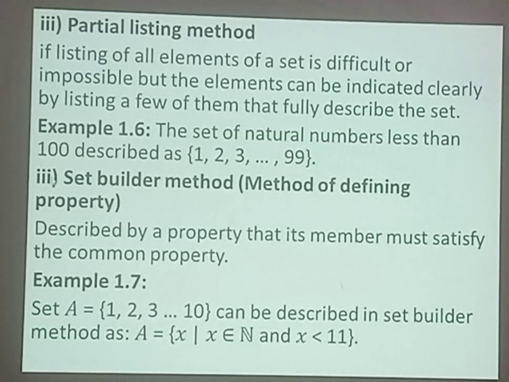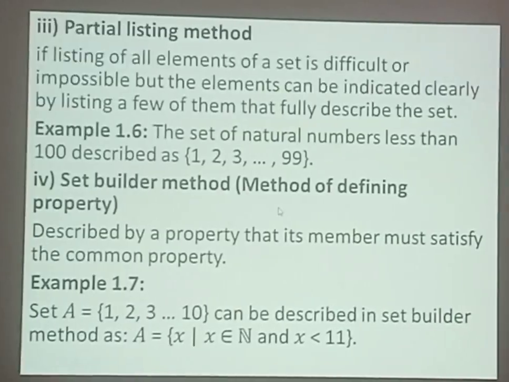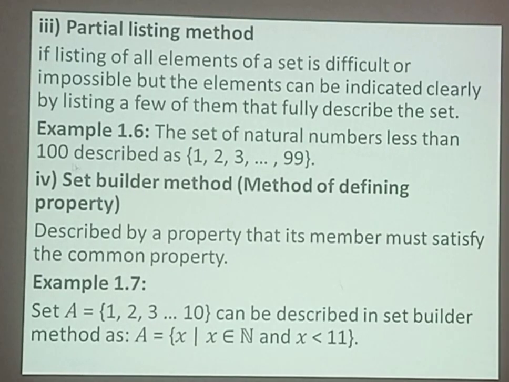Okay, the fourth is the set builder method. The method of defining properties. That means you can use a variable. Members must satisfy the common property in the given property.